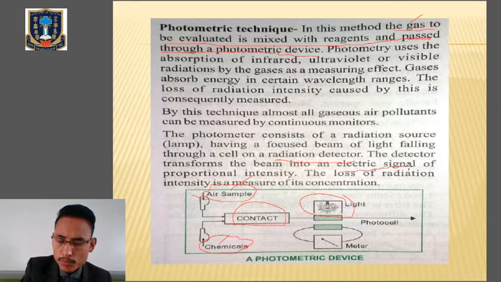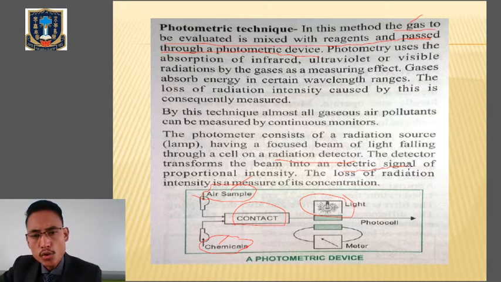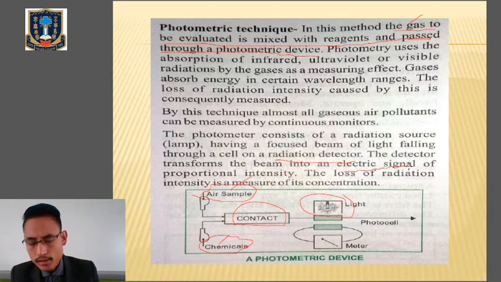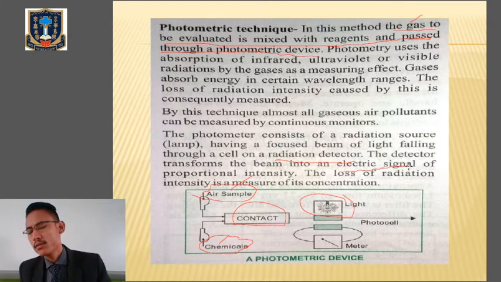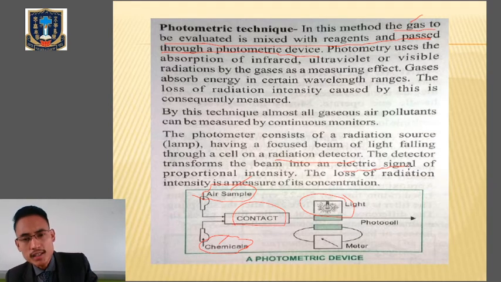And once those particular energies move through the photometric devices, the radiation detector of the photometric devices will evaluate, will analyze those energies. And since we have learned that when the gases pass through the photometric devices, there will be loss in the intensity of energy or radiation, this loss of radiation intensity can be used to analyze the presence of a particular pollutant in the gases.